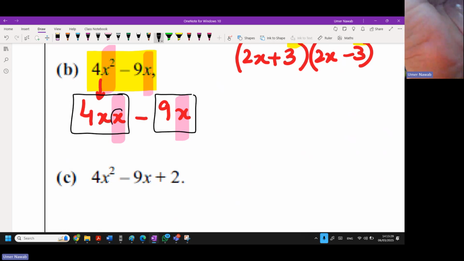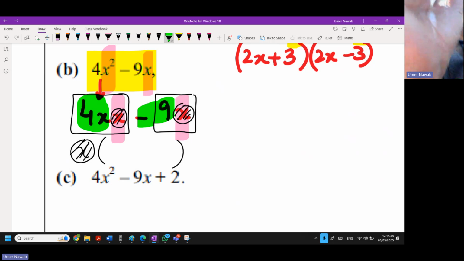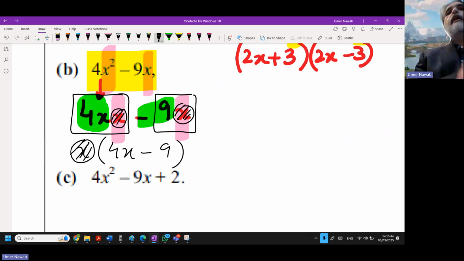So if x is common, I need to write it outside. If I write this x outside, guys, what will be left inside the bracket? Inside the bracket, you will be left with 4x minus 9, and the x will be taken out.